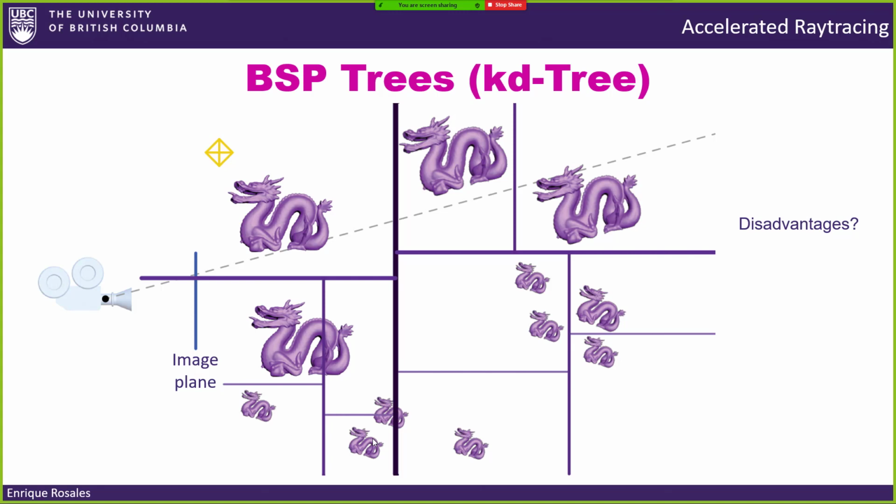In this case, it's similar. Usually in either BSP trees or KD trees, remember, KD tree is a type of BSP tree, you have a threshold. If your geometry is triangles, you could have a threshold of a certain number of triangles inside your leaves. So you will recursively cut your space.